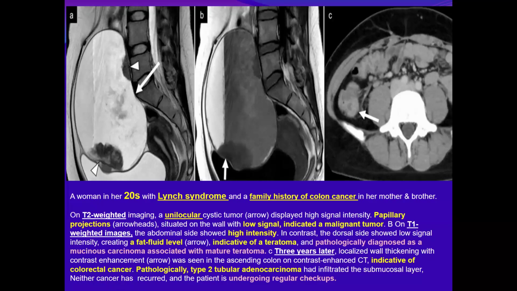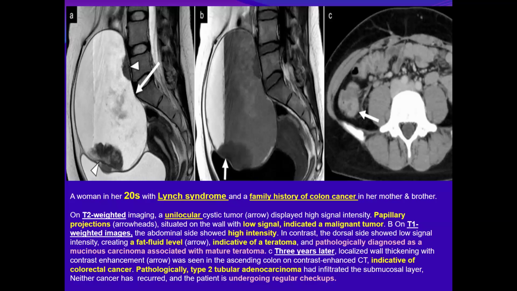And on T1, the posterior dependent fluid is seen as low signal, but the anterior component is still bright, reflecting fat. Since an ovarian mass containing fat is suspected to be a teratoma. But at the same time, there are features highly suggestive of malignancy.